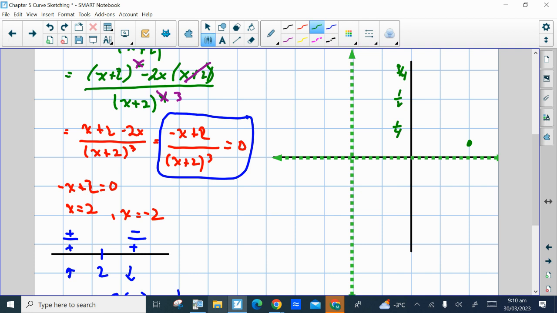We saw that the behavior of the graph as it approaches the vertical asymptote is that it's approaching -infinity. So this graph will look something like this to the left of that asymptote. It'll also approach the asymptote on the right side as well.